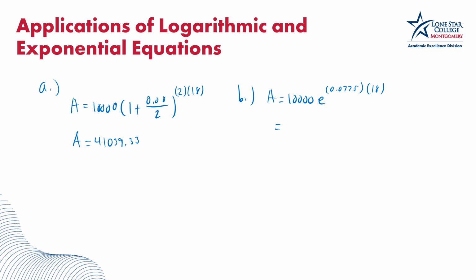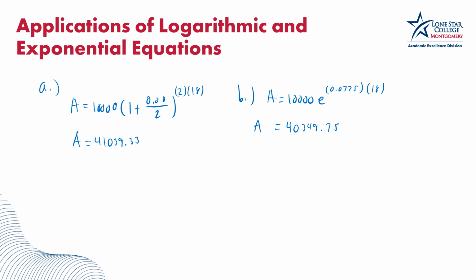So let's plug that in: 10,000 times e raised to the power of 0.0775 times 18. And that gets us 40,349 point, rounded up to 75. So that would be the future value for option B.